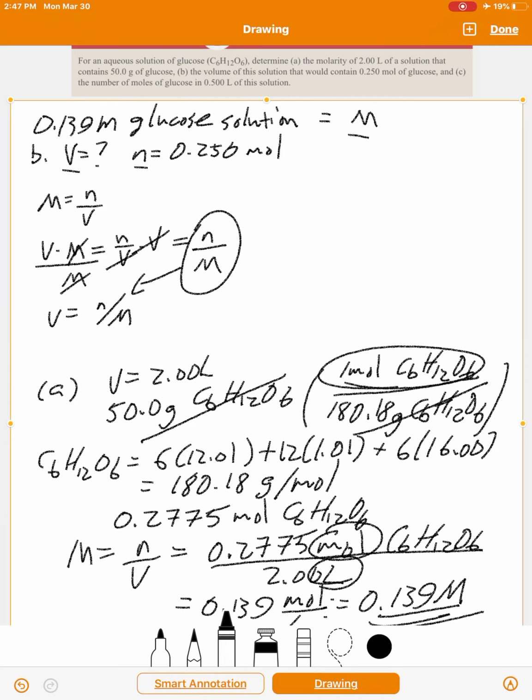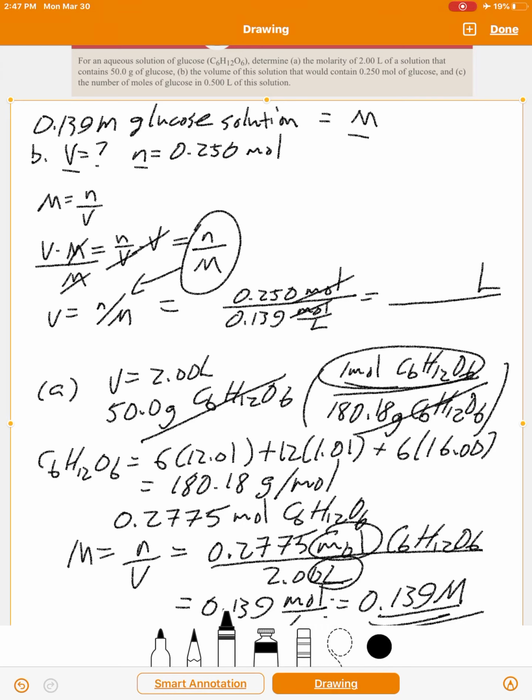So all we've got to do is take the moles, n, divided by molarity, and we've got it. So we have moles is 0.25, molarity is 0.139. Moles cancel and you get liters.